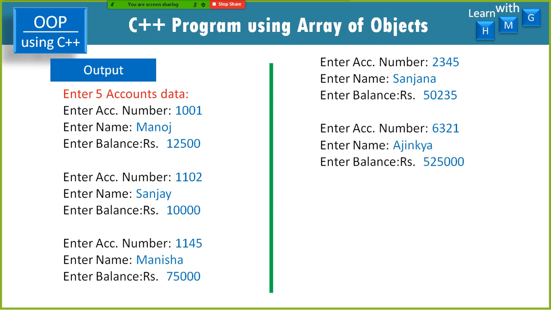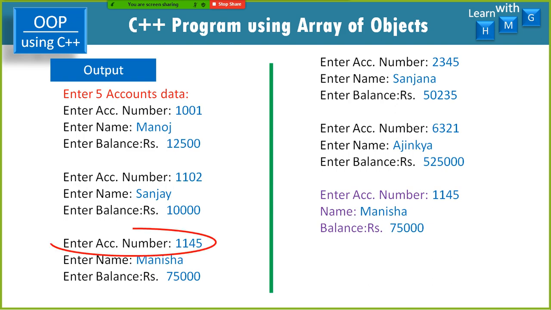Then in the output we have entered 5 accounts' values like this, then account number 4, account number 5, and we enter 1145, and the account is matching, that is this 1145, and the name and balance are displayed: Manisha and balance 75,000.